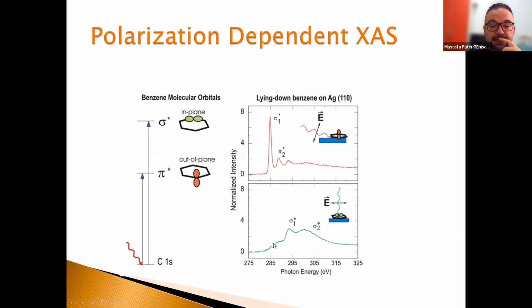We cannot see the effect of pi antibonding here. But for sigma orbitals, we directly see it in that case. So we can do polarization-dependent X-ray absorption spectroscopy. For example, next February, we have a user who wants to understand the orientation of their molecule by this phenomenon.